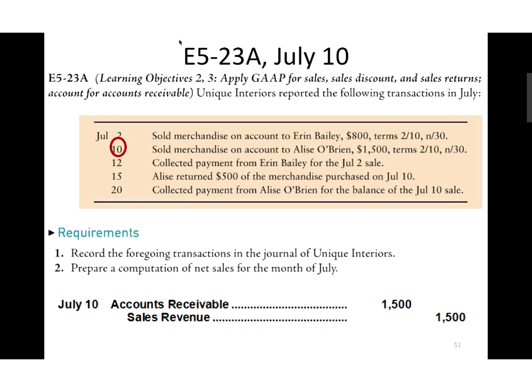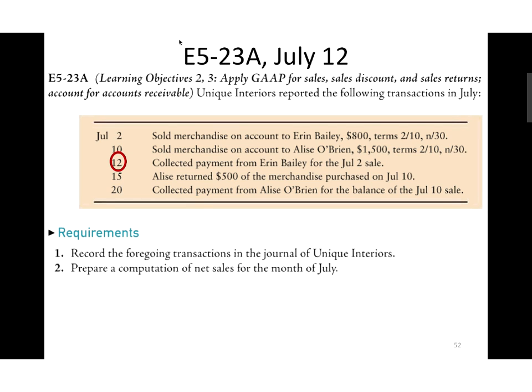Okay, next transaction down here. Collected payment from Aaron Bailey for the July 2nd sale. Now, this is July 12th. The terms were 2/10, net 30. She bought it on July 2nd, so she gets a 2% discount if it's paid within 10 days, including 10 days.